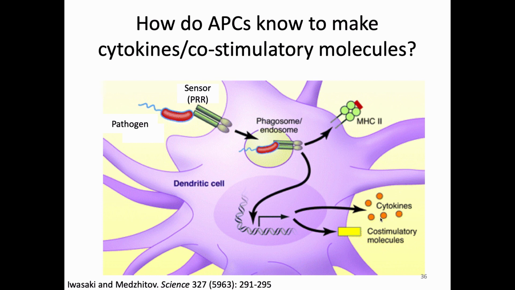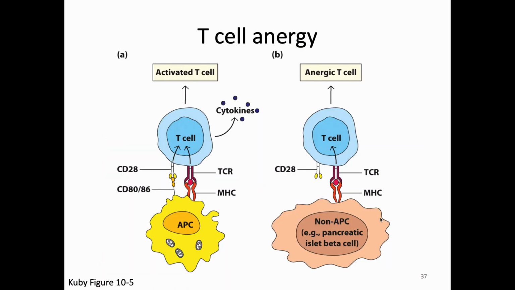But the other piece to this that sort of also talks about an answer to Lexi's question is that typically our T cell will see signal 1 and signal 2 and will become activated. However, if a T cell gets signal 1 without signal 2, that is an indication that that's probably a self-antigen. And so in fact, not only does the T cell not get activated, the T cell is anergized.